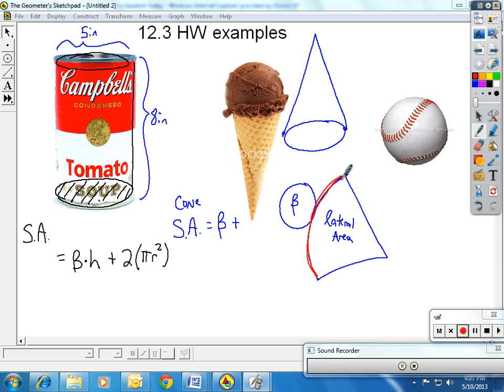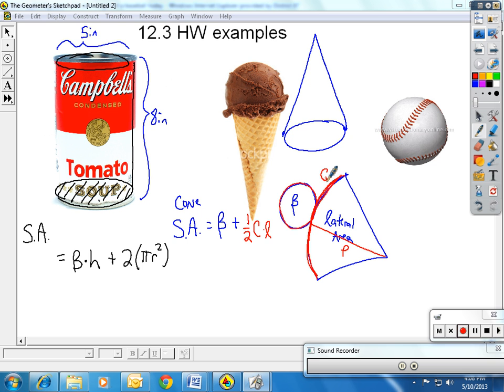This would be base, and this would be height. So the area of a triangle is 1/2 base times height. Now really this base is really the circumference of the circle. It wraps around itself. So that lateral surface area is 1/2 the circumference times what we call the slant height. This is the slant height. This is the circumference. Okay?